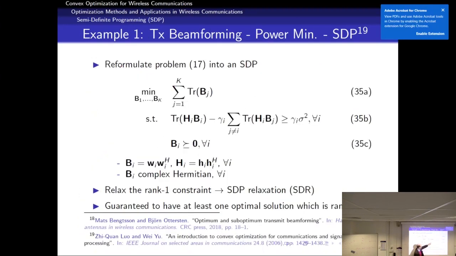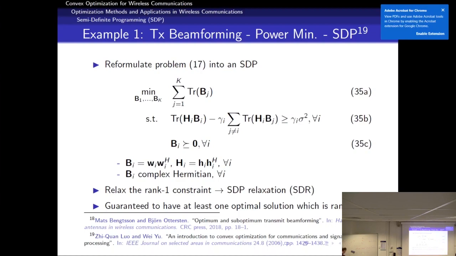We had an inequality. Right? So how can I transform an inequality into an equality? Let's imagine I have this. This trace has to be always larger than this.